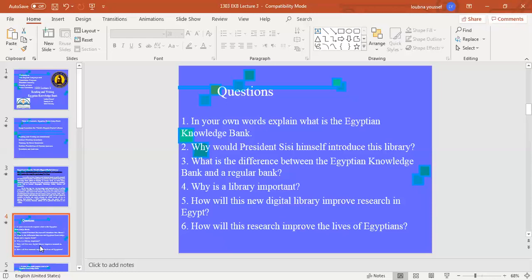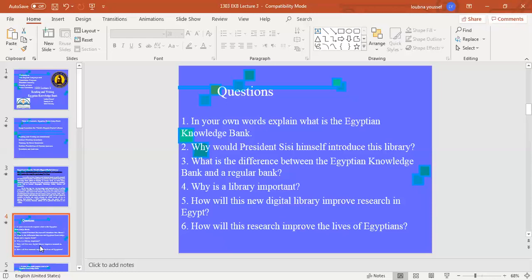Now, this is not a regular library. This is a digital library. So, how will this new digital library improve research in Egypt? Again, cause and effect. And then when we say this is not a regular library, this is not a bank, this is a digital library, we are introducing a classification. We're classifying libraries into libraries that are physical, that you go to, and libraries that are digital, which you find on the internet.